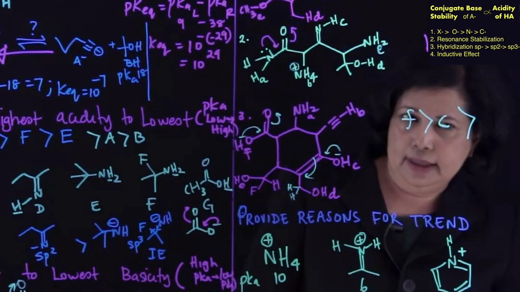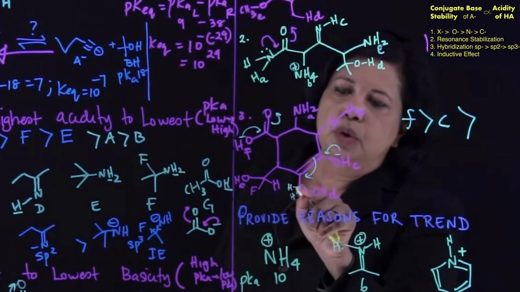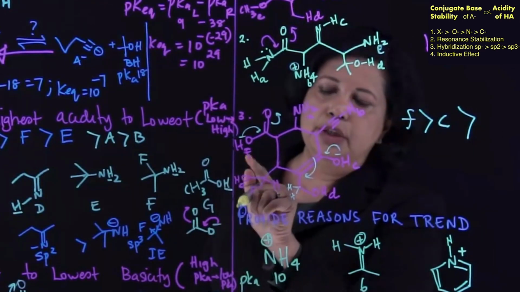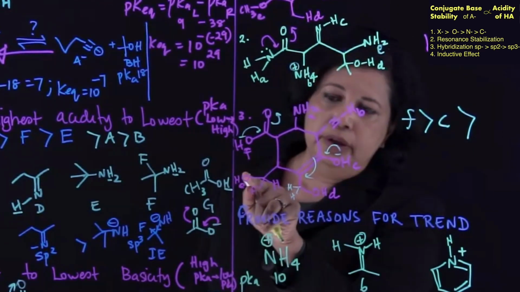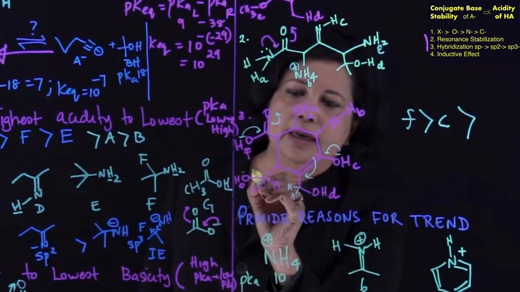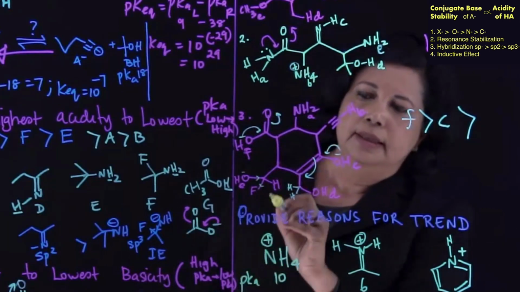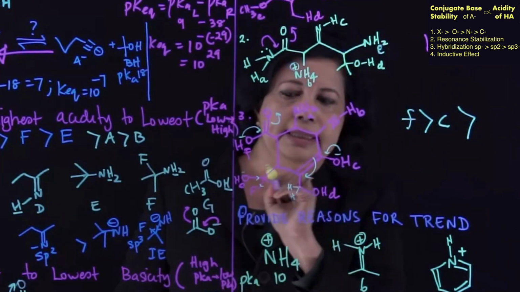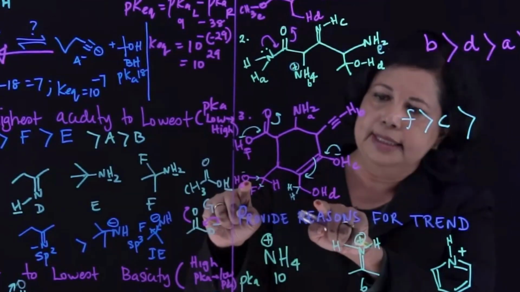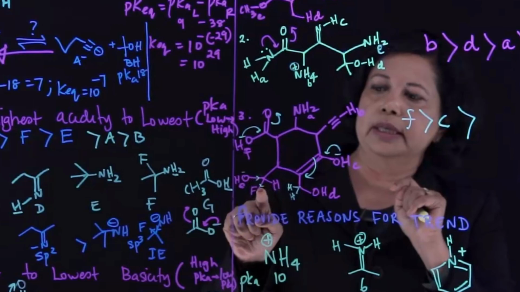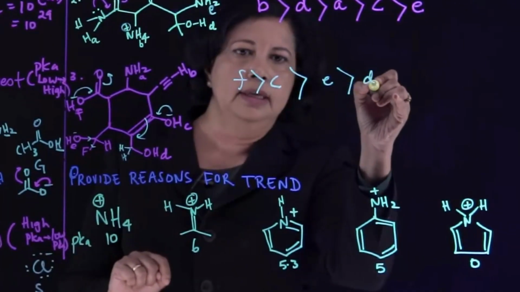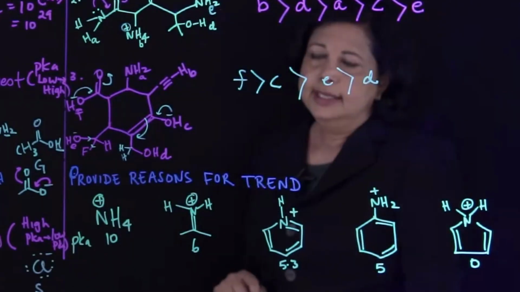Between E or D, then which one's better? There's nobody here that's electronegative, whereas if you take off this hydrogen and put an anion here, you're going to be pulling that with the fluorine and having some inductive effect here. Therefore, that's more stable than this. So between the two localized O minuses, the one with inductive effect is going to be more acidic and spit out that proton more easily.